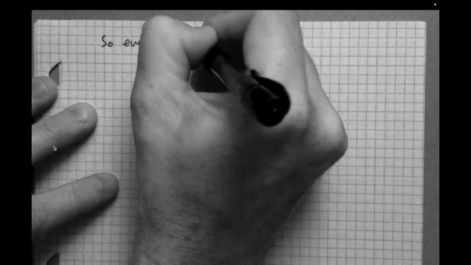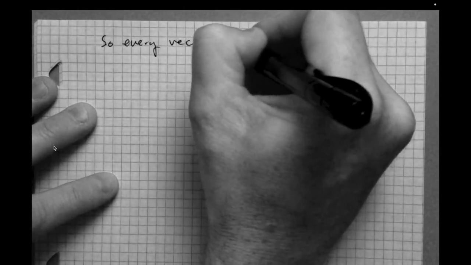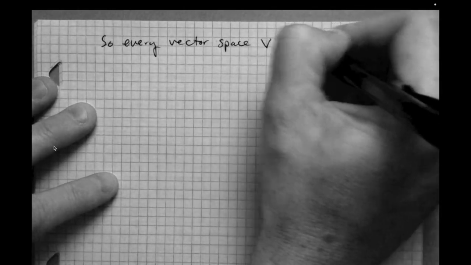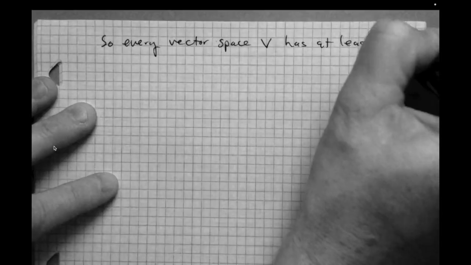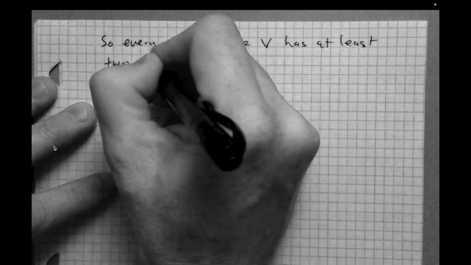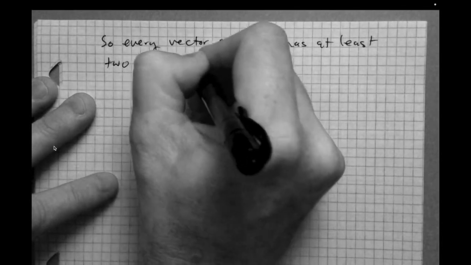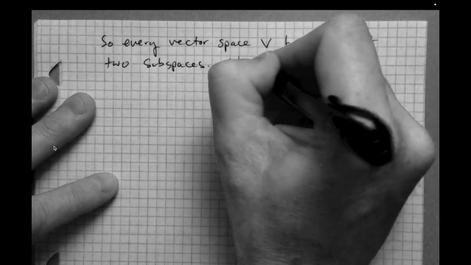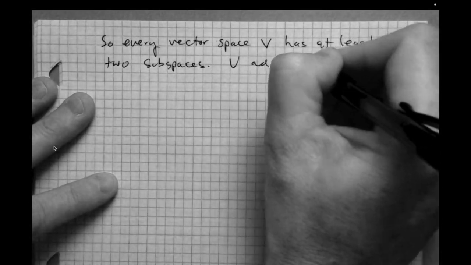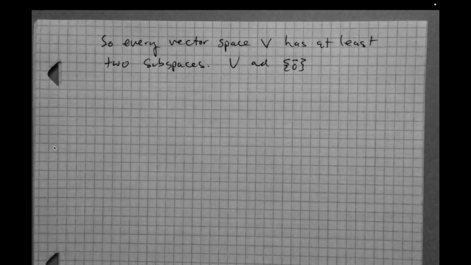So every vector space V has at least two subspaces, and that would be V and the zero vector. Okay, excellent.